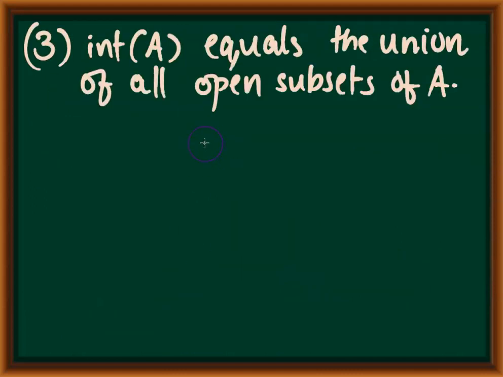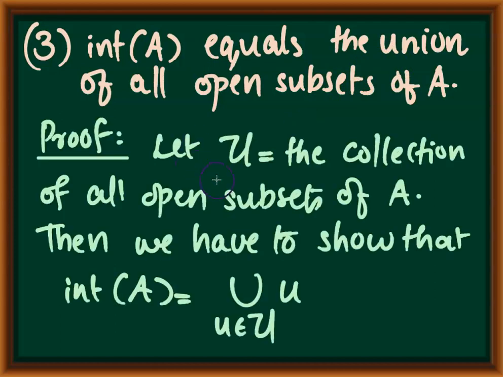Property 3 states that interior of A equals the union of all open subsets of A. For the proof, let us consider the collection U, the collection of all open subsets of A. Then we have to show that interior of A is equal to the union of all members of this collection.